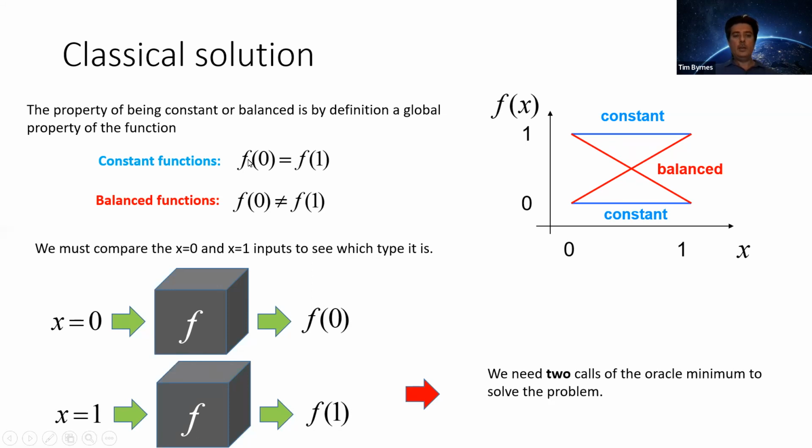The aim is to figure out whether f(0) is equal to f(1), or f(0) is not equal to f(1). That is how we distinguish between the two. But clearly from this equation, the only way you can distinguish it is if you know f(0) and f(1); otherwise you can't compare anything to anything. So we definitely need two calls of the oracle in order to solve the problem.